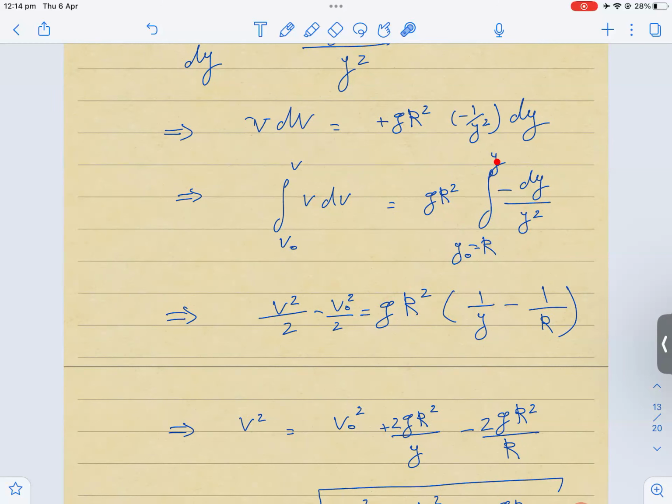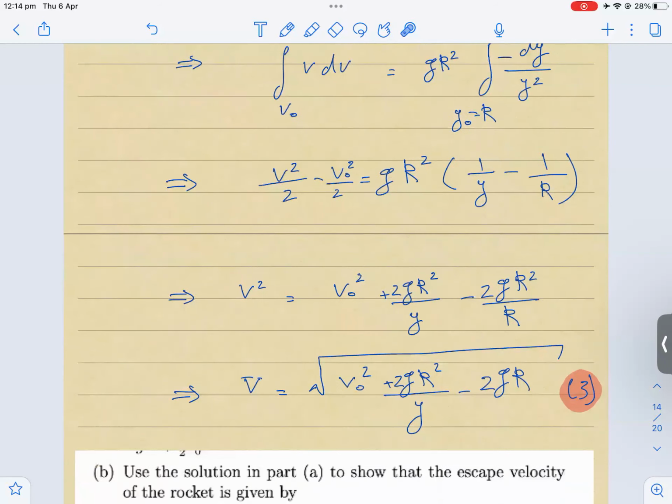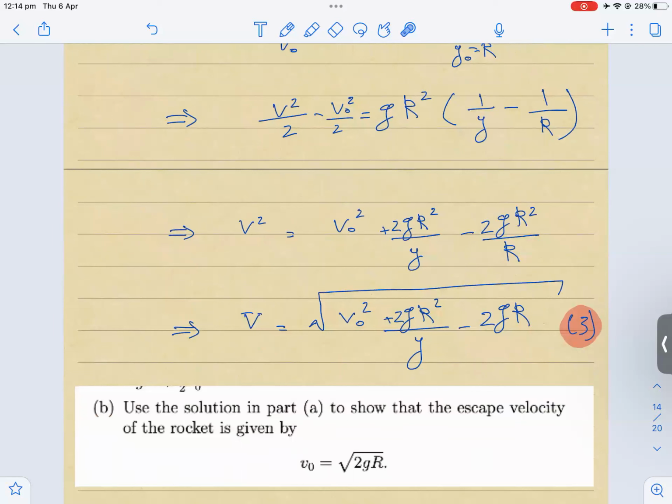I substitute the bounds of the integral. So v squared is this guy, and v can be this, because v goes up, so it's positive. I will choose positive here: the square root of v0 squared plus this guy here, in the square root of this guy.